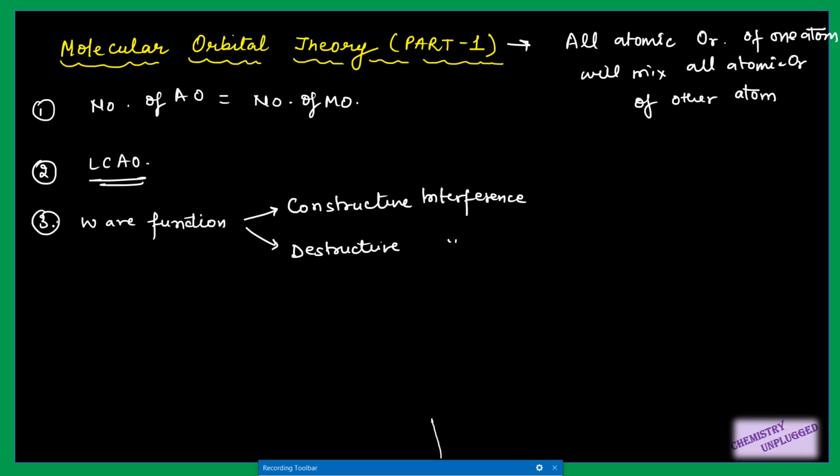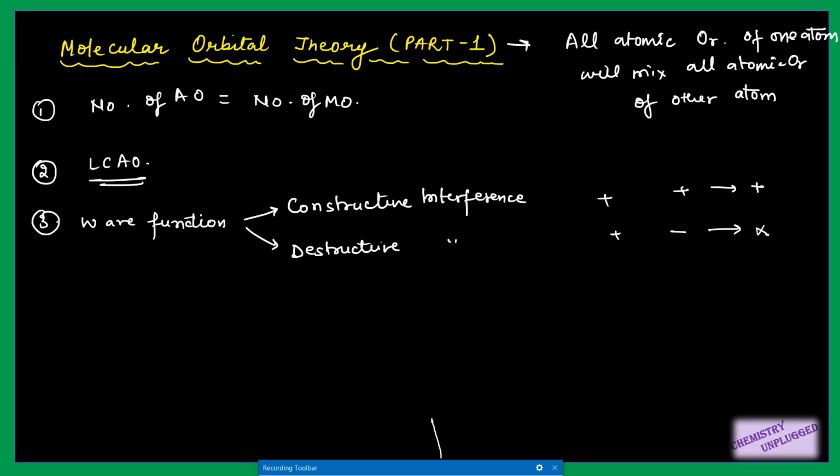In the same phase, there is a total increase in their wave function; it is constructive in nature. Destructive interference means they are mixing in opposite phases. If they mix in the same phase, with positive phases together, it will give you positive. And when they mix in opposite phases, they will give you nothing, almost nil, right? There is nothing generated.